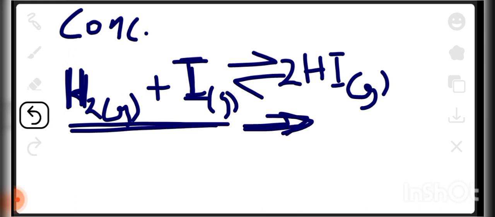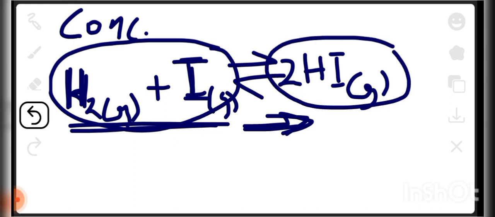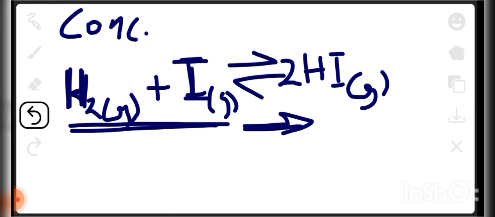For example, the concentrations here and here have no further tendency to change. So if you decide to change this one, the system will react in order to annul that change, and the equilibrium position will have to shift. So if you increase the concentration of one side, the other side will be favored. I don't know if you understand what I'm trying to say.